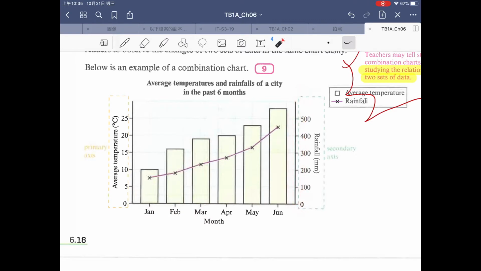But on the right-hand side, the vertical axis shows the rainfall, that is the broken line graph. Understand? They are sharing the same timeline, month. So the horizontal axis is still the months.